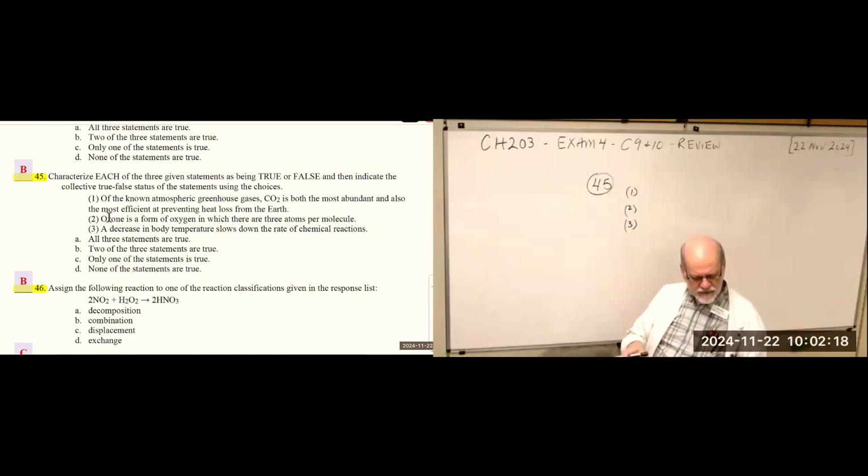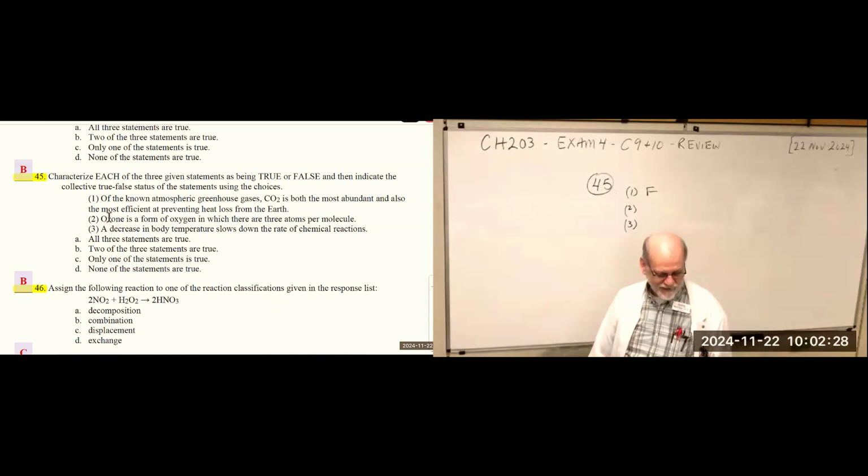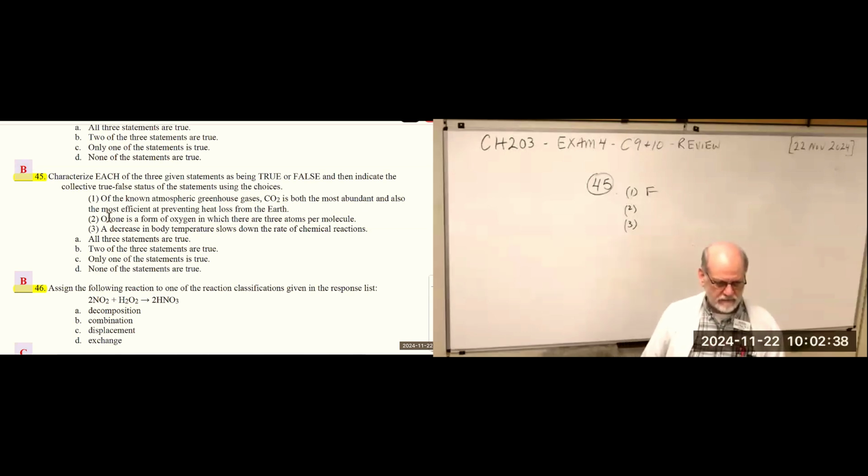Of the known atmospheric greenhouse gases, CO2 is both the most abundant and also the most efficient in preventing heat loss from the earth. That is patently false. What's an example of a gas that's more efficient than CO2? Methane. Methane's a lot more efficient at trapping heat.